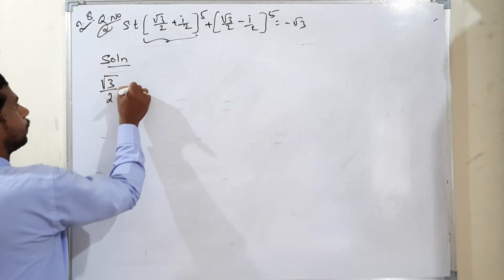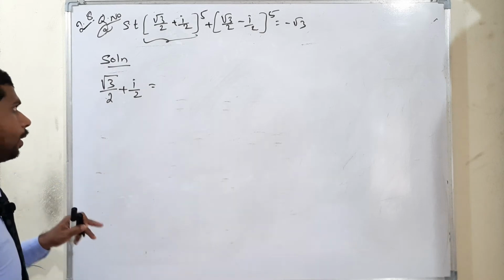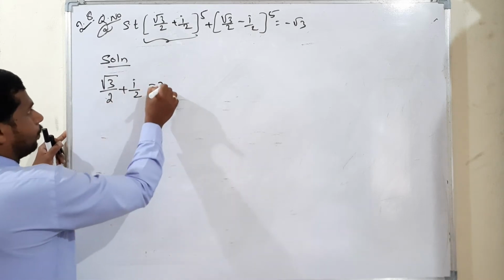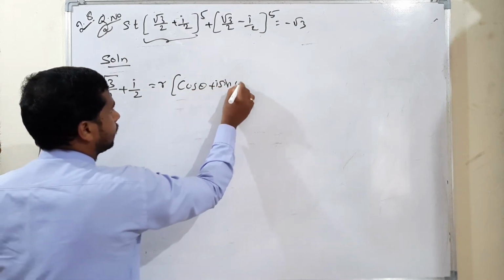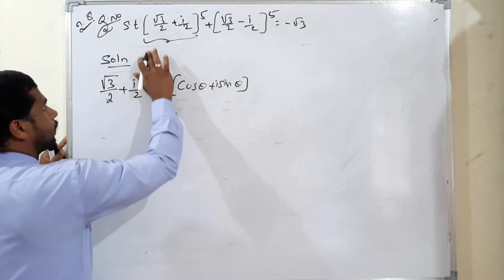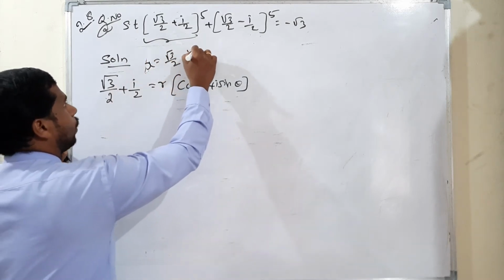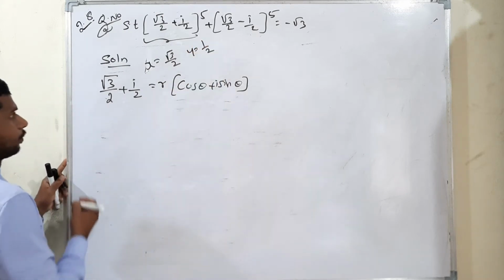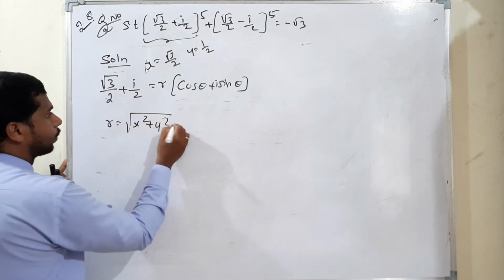Root 3 by 2 plus i by 2 is equal to, without the square root, what will happen? The basic form is r into cos theta plus i sin theta. So how to find r? The x value is root 3 by 2, the y value is 1 by 2. So r is equal to the square root of x square plus y square.